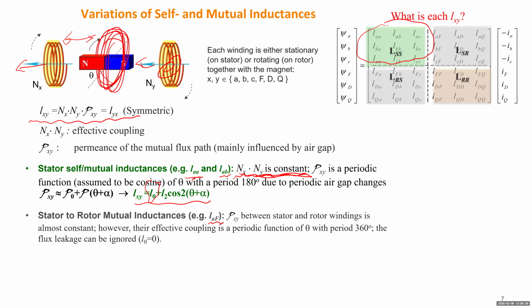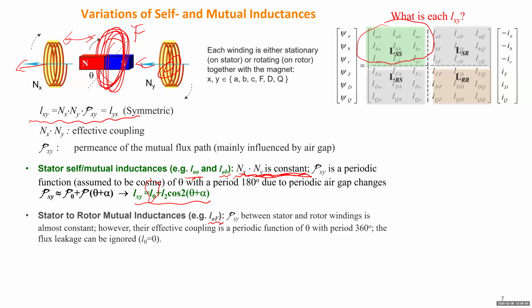Okay, so if it's a field winding, it will stay together with the rotor. So if the rotor revolves, this rotor winding will revolve together with it. And if the generator is properly designed, the stator winding can be evenly distributed inside of the stator, so that makes the air gap constant.